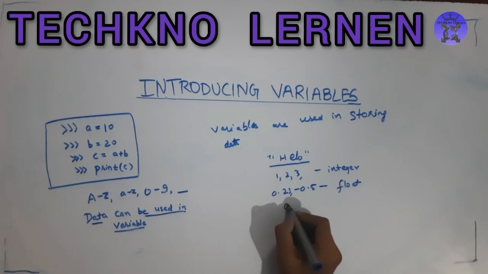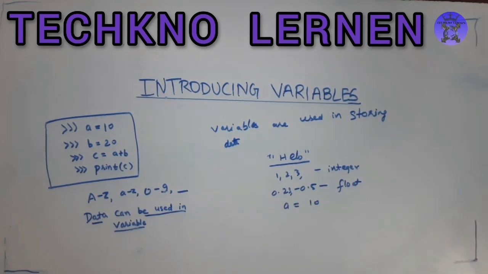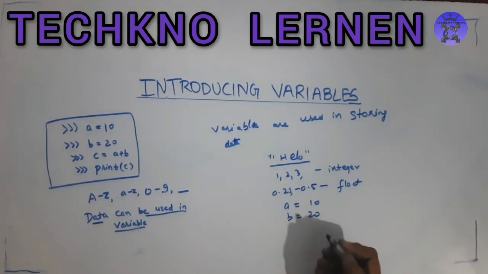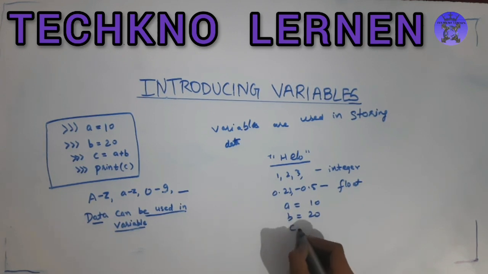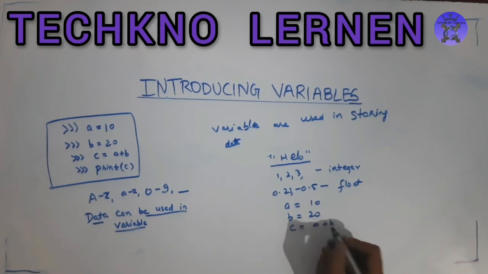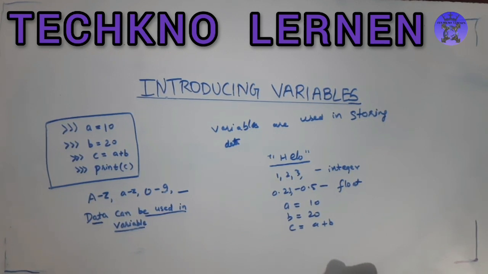So in Python variables are declared like this: if you write a is equal to 10, it means that in Python a is declared to store the value 10 as an integer. And if you write b is equal to 20, then 20 is being stored in b. And if you write c is equal to a plus b, you instruct the computer to add both a and b, which are declared as integers.